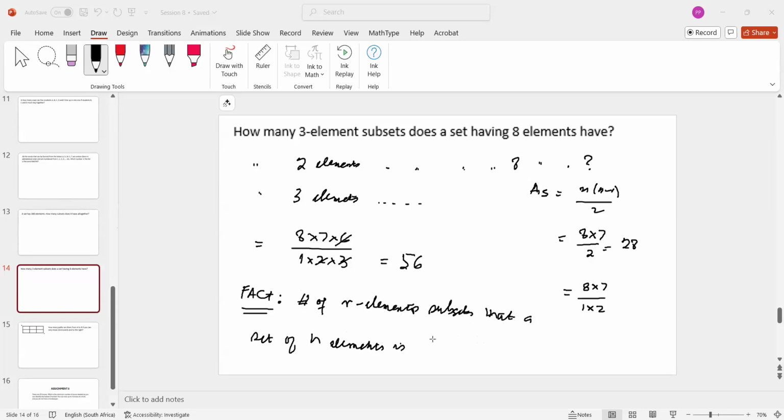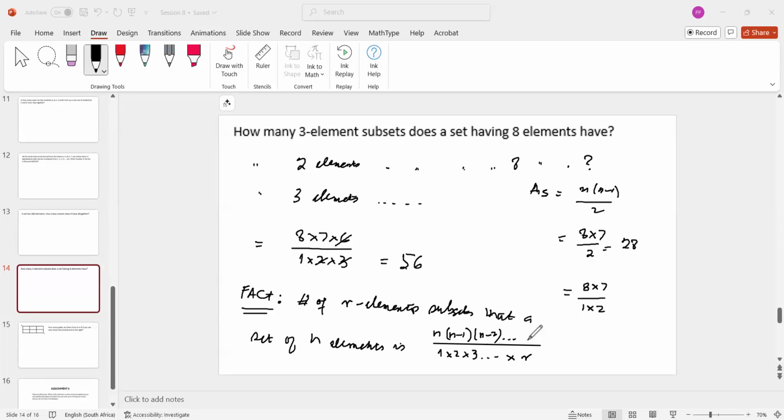So what we have here is a fraction. Now, I told you for 3, I'll put 1 times 2 times 3. You do exactly the same thing. It's 1 times 2 times 3 up to R. See? Up to R. And then at the top, instead of 8 there, you've got N. You start with N, and you reduce it by 1. Reduce that by 1 again. N minus 1, N minus 2.